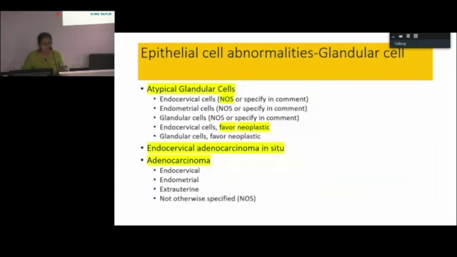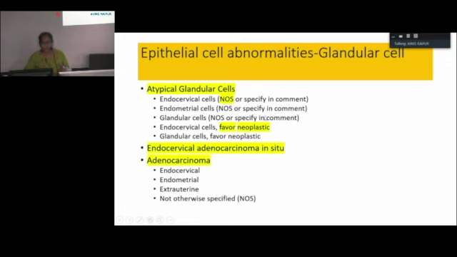Now coming to the Bethesda reporting system for glandular abnormalities, basically there are 3 broad groups. One is atypical glandular cells, next is endocervical adenocarcinoma in situ, and the last is adenocarcinoma. Amongst the atypical glandular cells, you have the NOS category and the favor neoplastic category. The NOS category: atypical glandular cell endocervical NOS, atypical glandular cell endometrial NOS, or atypical glandular cell NOS, when you cannot site specify it as being cervical or endometrial.